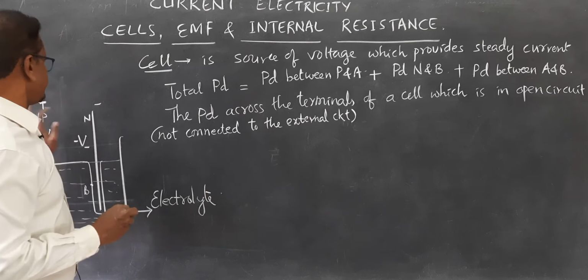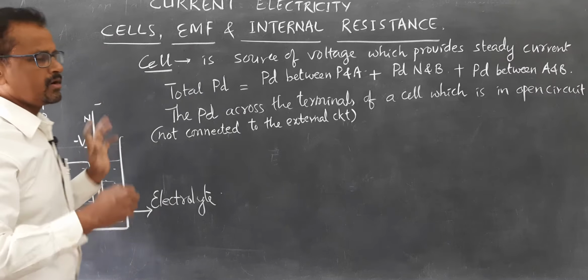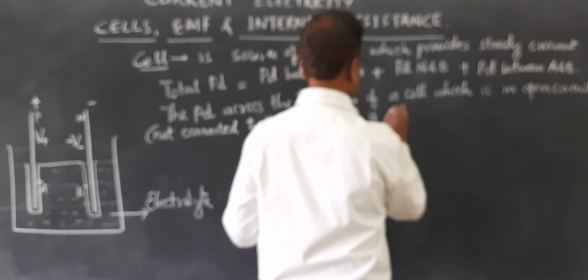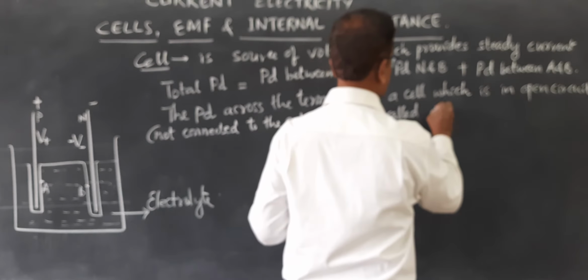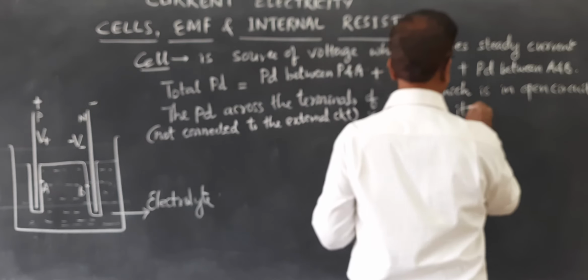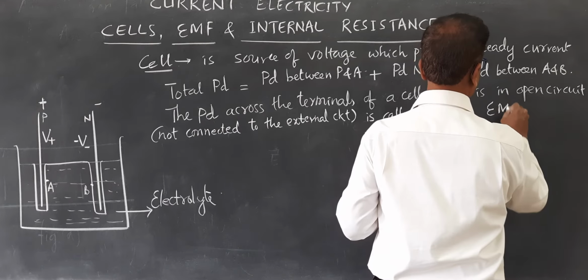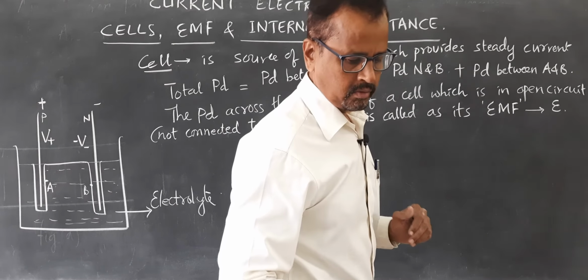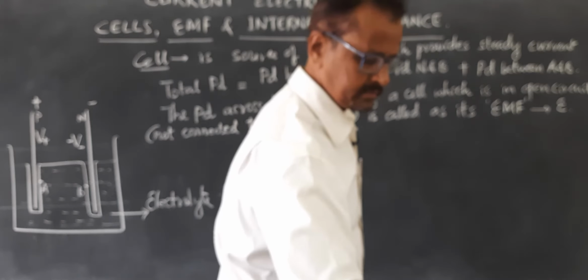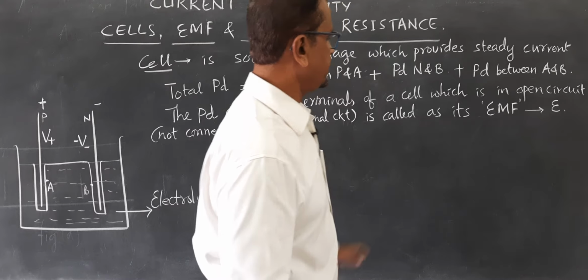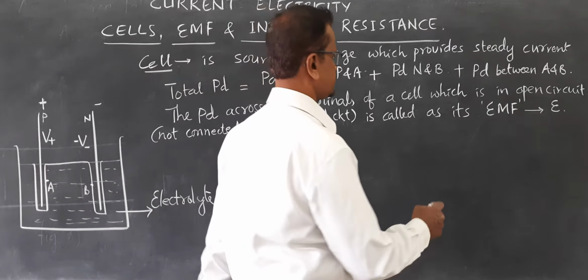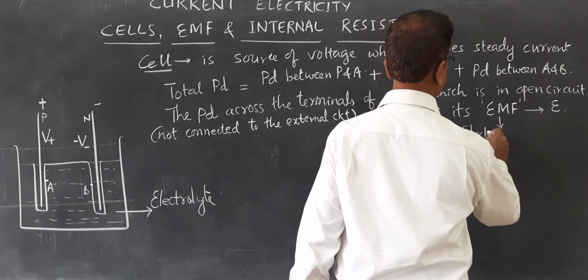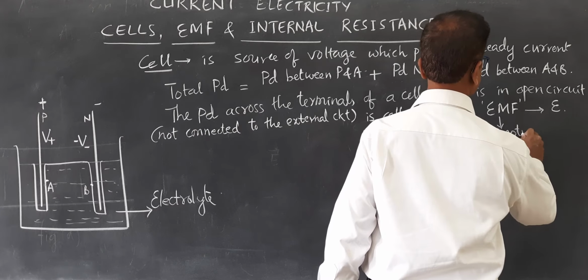That potential difference between P and N, when these two terminals are not connected to the external circuit, is called its electromotive force, its EMF, denoted by E. What is EMF? EMF is a short abbreviation of electromotive force.